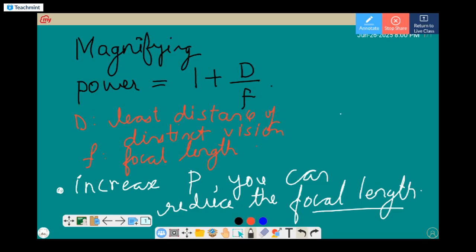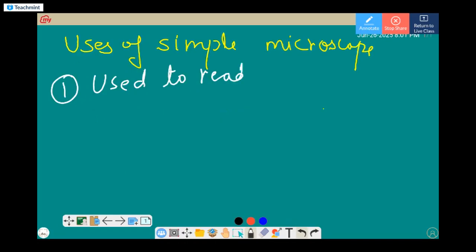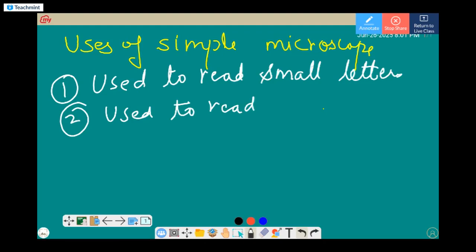First point you can write, used to read small letters. Second, used to read the scale accurately.